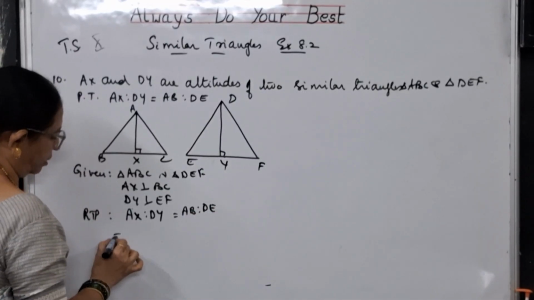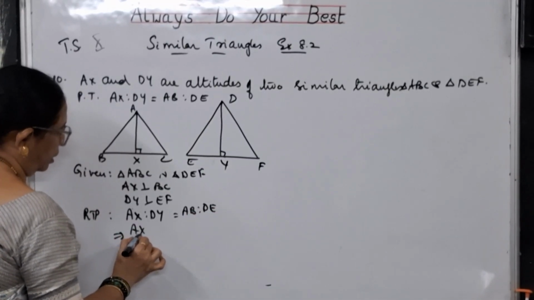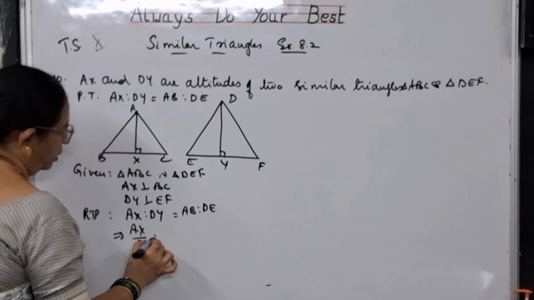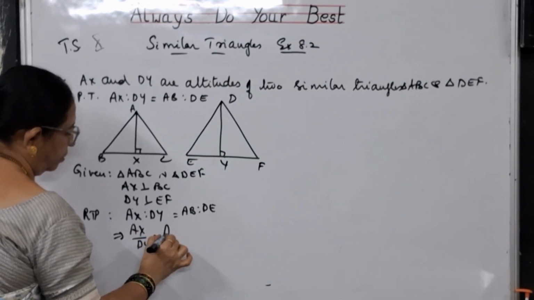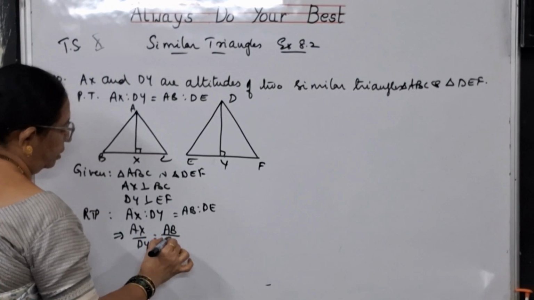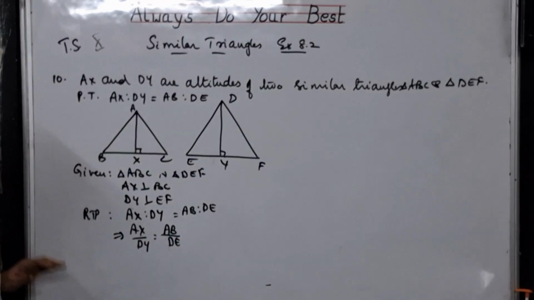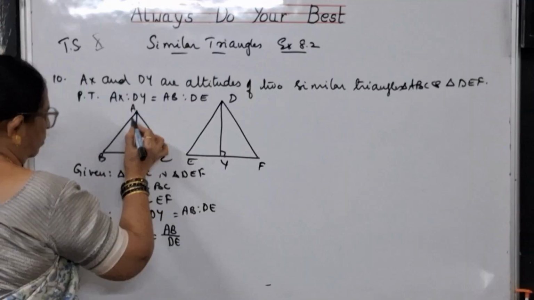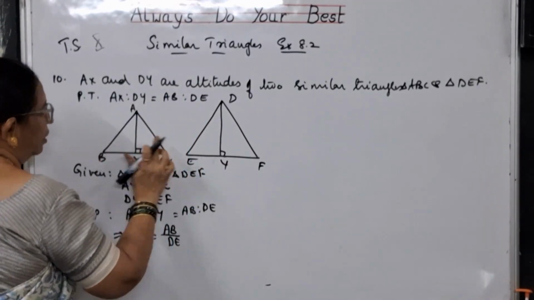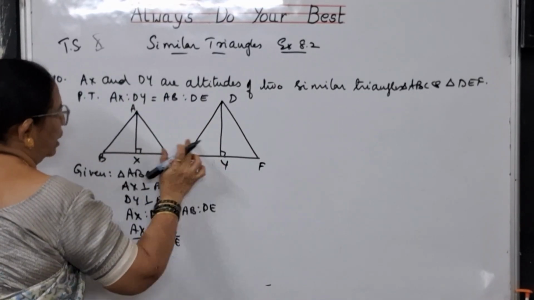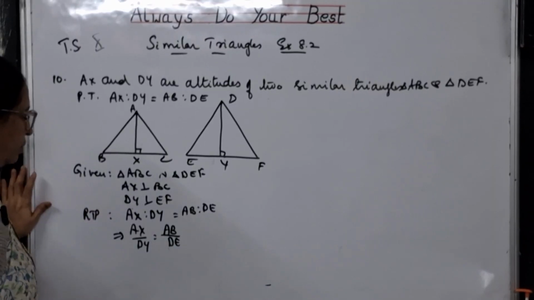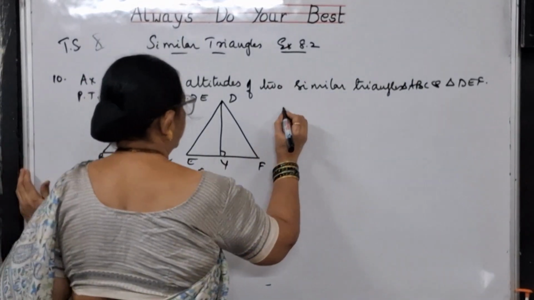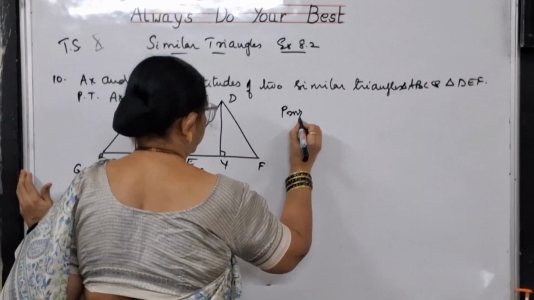What is meant by that? This implies AX by DY is equal to AB by DE. That means if you could prove that these two triangles are similar, then you can prove that this ratio is possible. So let us take the proof.